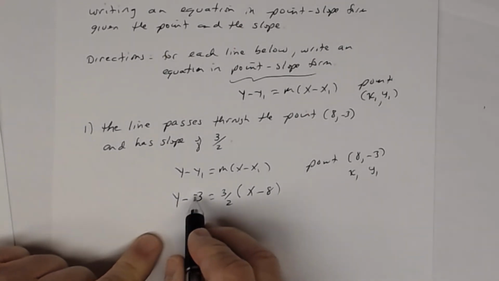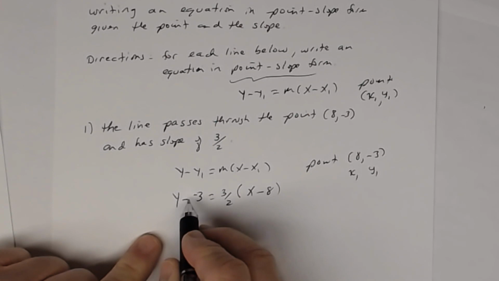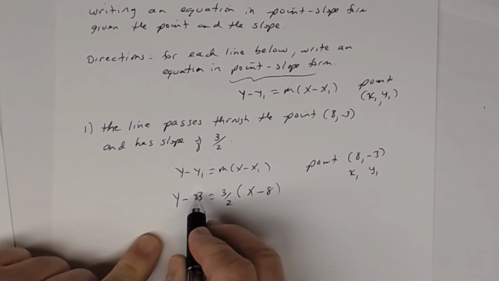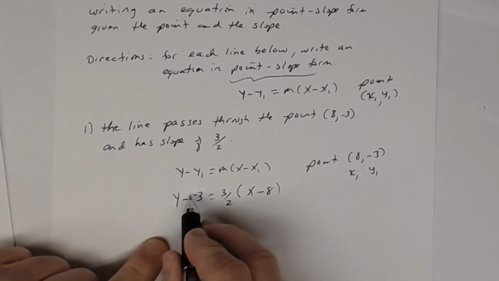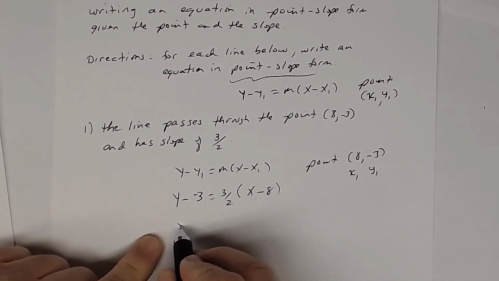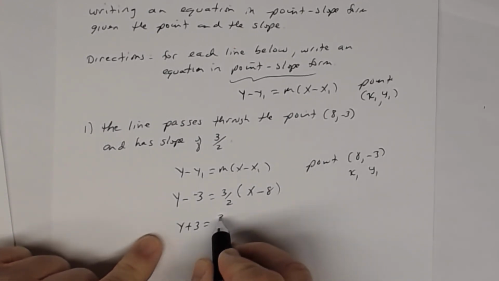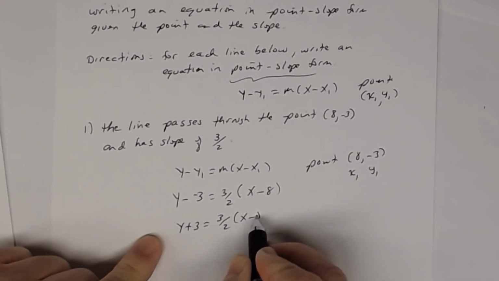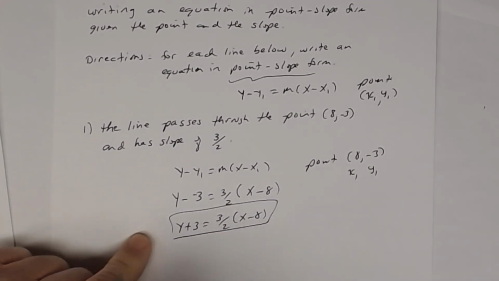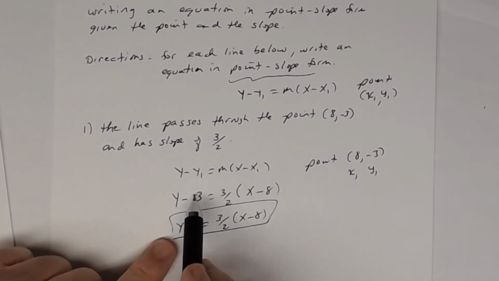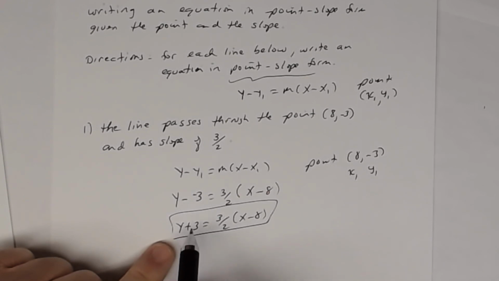Whenever you have a subtraction and a negative next to each other, always change that to addition. So y plus 3 equals 3/2 times x minus 8, and that's the answer you want to write. Otherwise you will not get full credit.